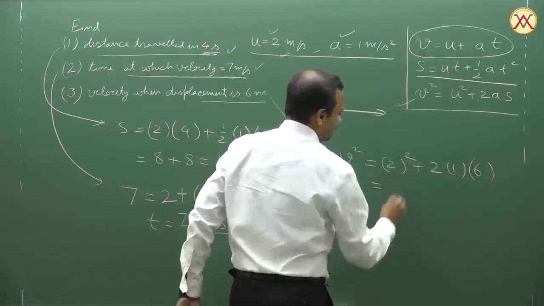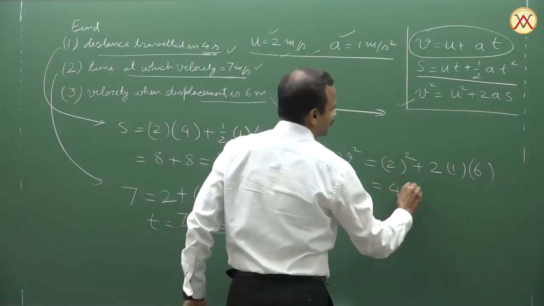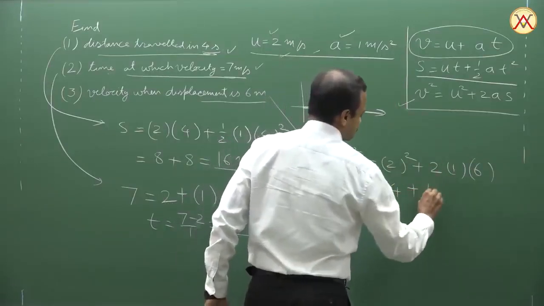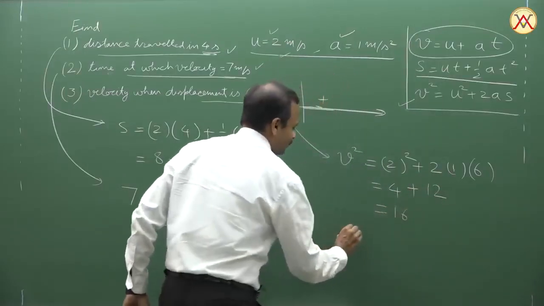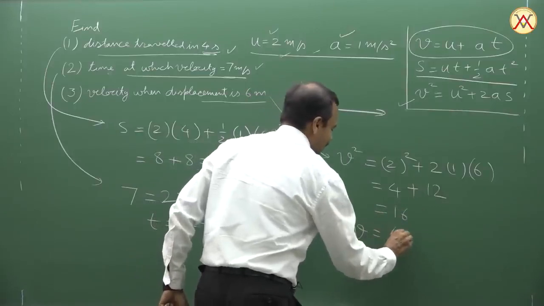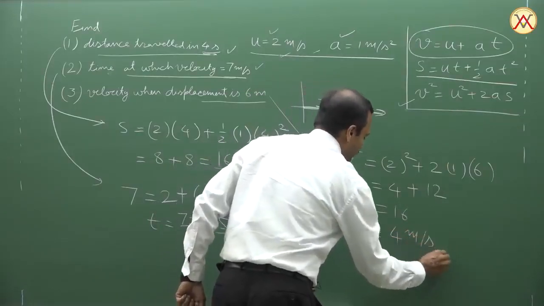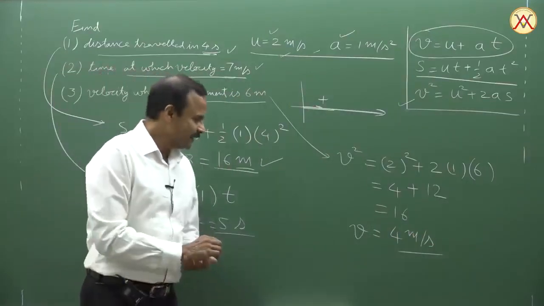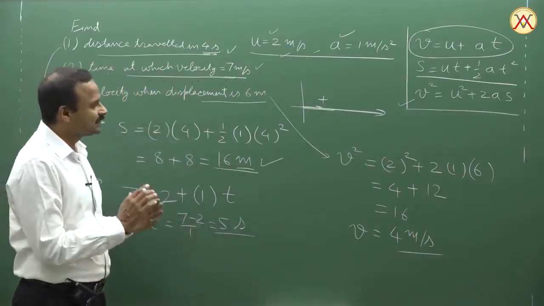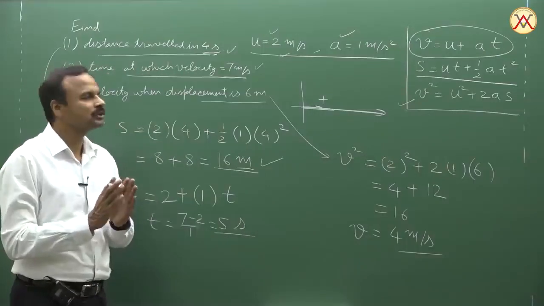So it becomes 4 plus 12, which is 16. So v is 4 meters per second. So this is how to decide which equation to use where.